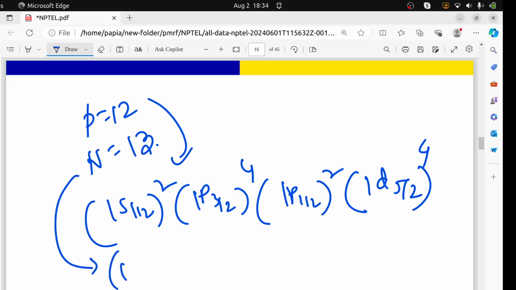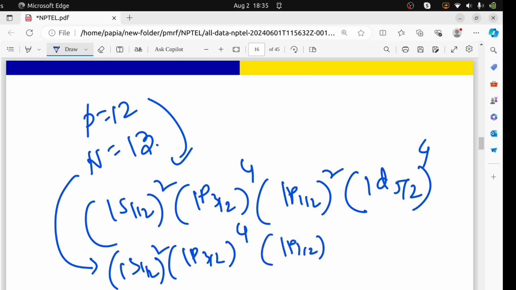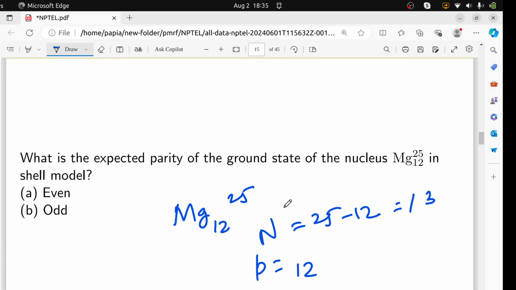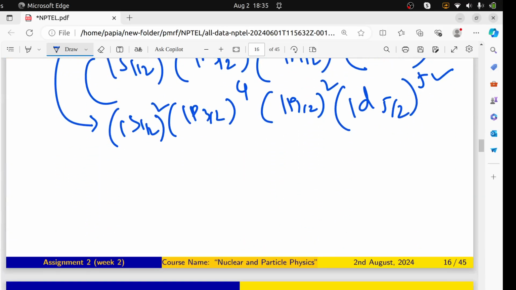Now for 13 the same will be there, but 1d 5/2 5. This one is the main one. So they are asking about what? Expected parity. So parity will be governed by this nuclear state.